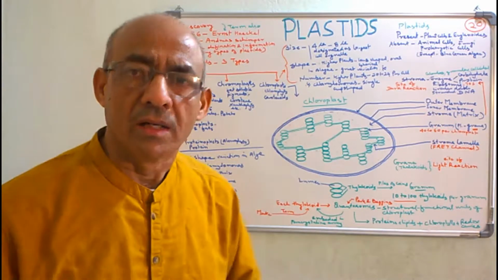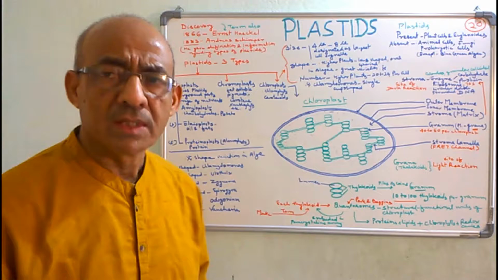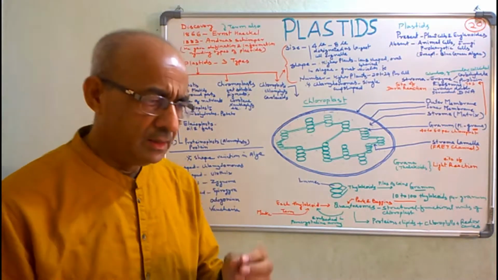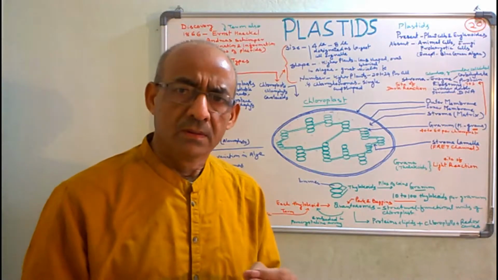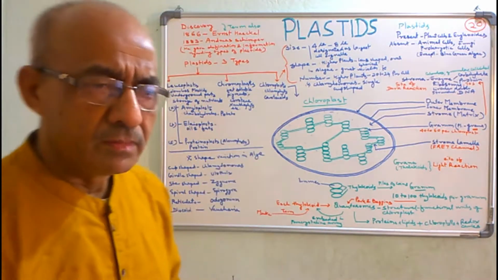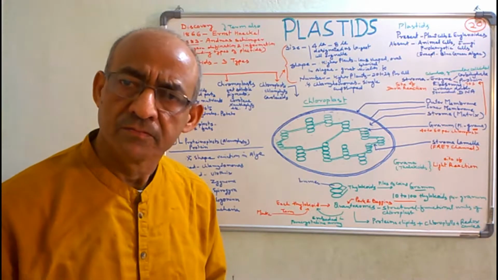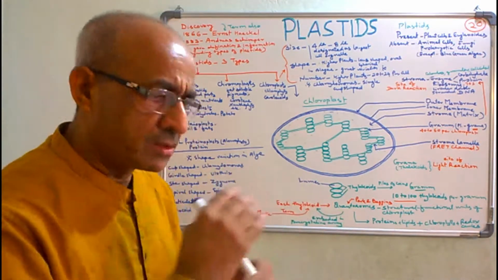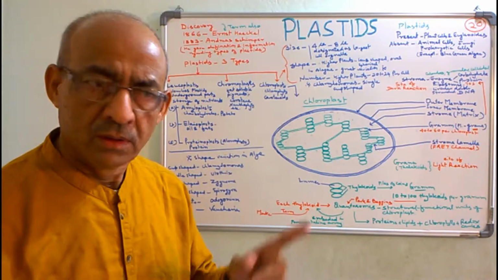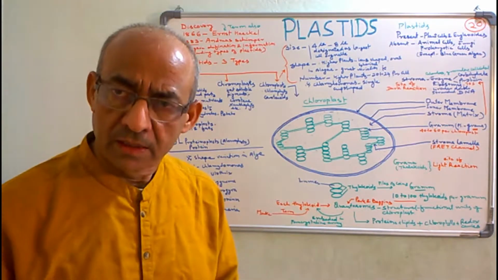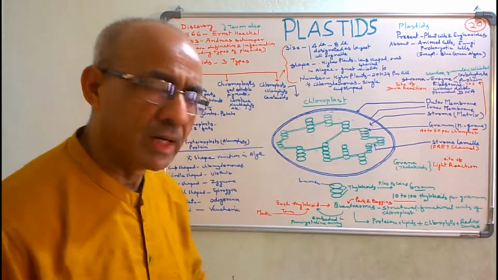In the stroma, there are a number of sac-like thin membranous structures. They are called thylakoids. An individual sac-like membranous structure is called a thylakoid.